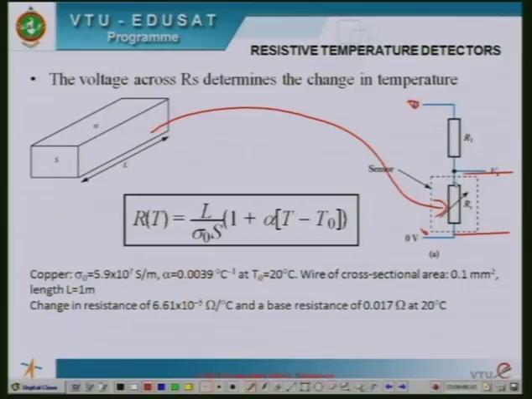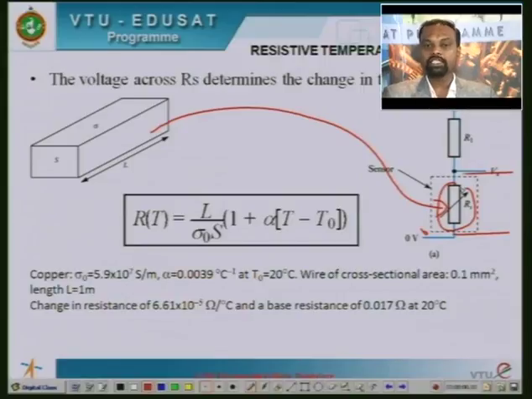Why is this called a secondary transducer now? Because whenever temperature changes occur, the resistance first changes. The resistance of this device changes because of the change in temperature by a factor of alpha (T minus T naught). So the resistance of this device changes with regard to change in temperature.